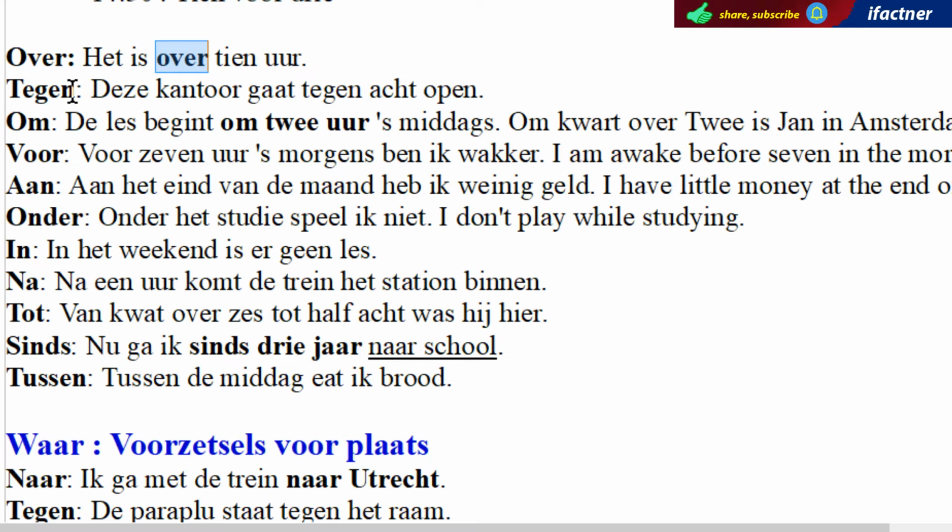We can use tegen like: dit kantoor gaat tegen 8 uur open, which means this office will open around 8 o'clock. Tegen means around. Tegen usually means against, but here it means the office will open around 8 o'clock.